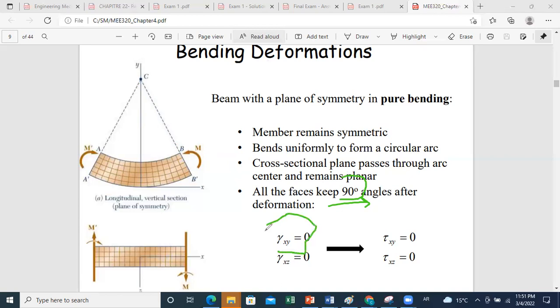The shear strain in planes xy and xz will be equal to 0, and this corresponds to 0 shear stresses in xy and xz, because all faces will keep their 90 degree angle after deformation. So we don't have development of shear stresses in pure bending. We just have a development of normal stresses.